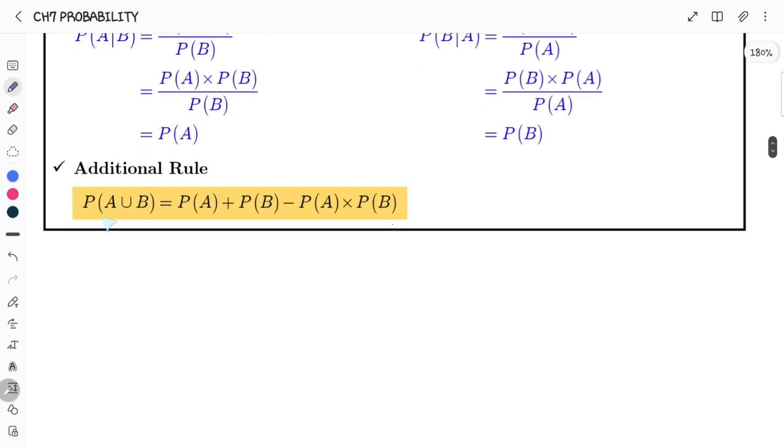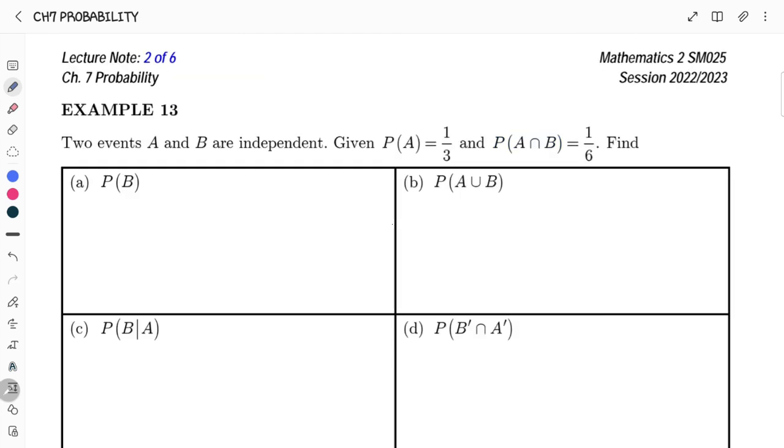Additional rule, P(A union B) is equal to P(A) plus P(B) minus P(A) times P(B). Example 13, two events A and B are independent. Given P(A) equals 1/3 and P(A intersect B) is equal to 1/6. Find P(B).